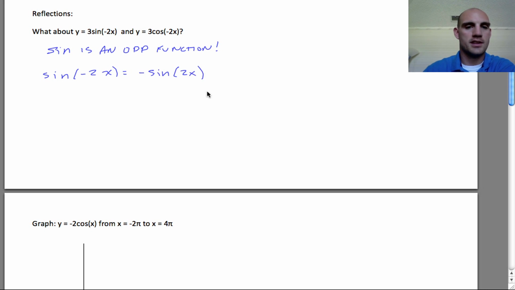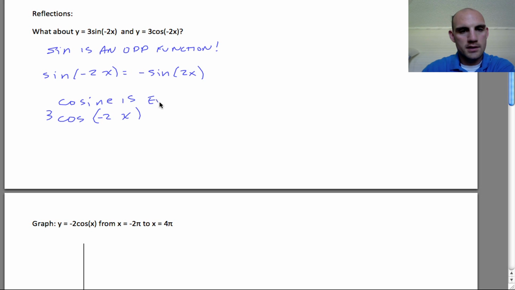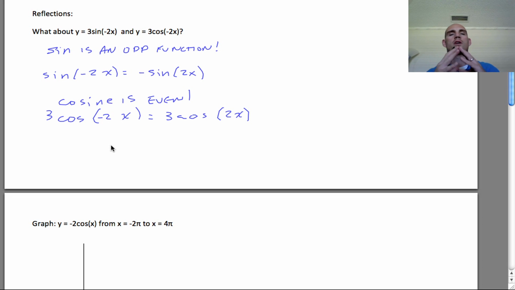Okay? We're switching the negative out. Alright? And so when we do 3 cosine of -2x, we remember that cosine is even. So this is going to be equal to 3 cosine of 2x. It remains the same.